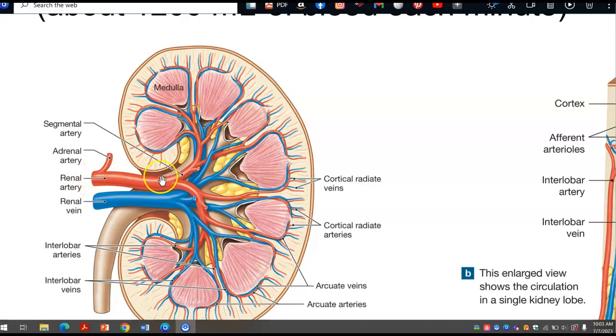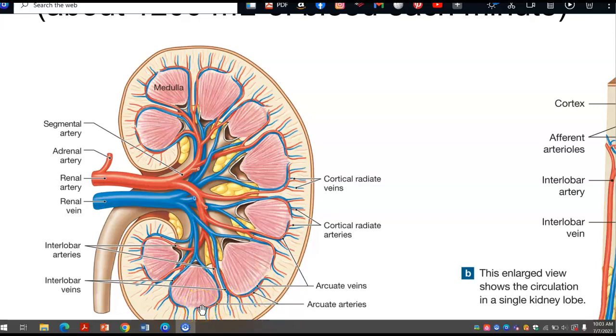So here's the renal artery. It branches into the segmental arteries. So you can see the segmental arteries. The segmental arteries end up branching into the interlobar arteries. And then you see how that kind of comes around here. So this artery is called the arcuate artery.